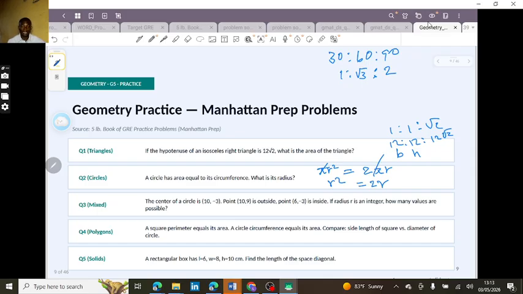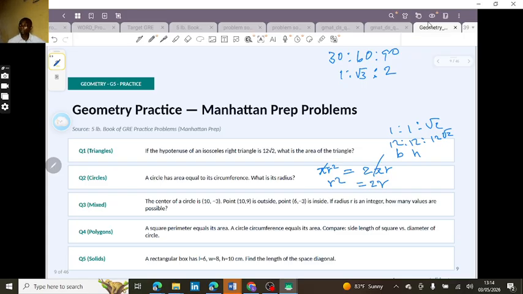So let's look at the next question. The center of a circle is (10, -3). That is, x is 10, y is -3. Point (10, 9) is outside the circle, right?